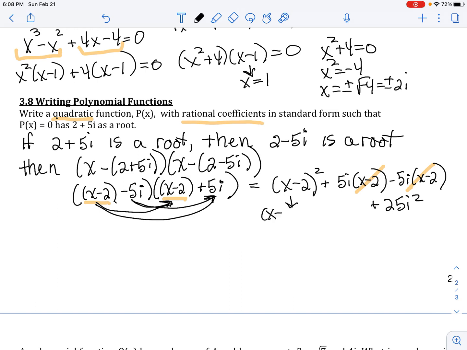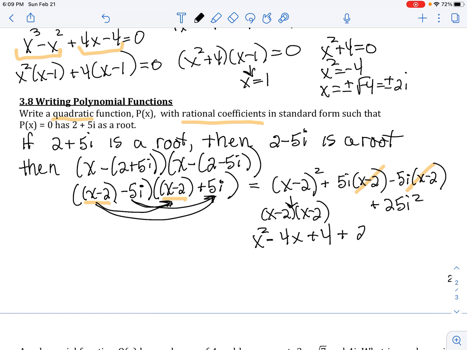X minus 2 squared is x minus 2 times x minus 2. That gives me x squared, no, minus 2x, sorry. Because you're going to get x minus 2x, that's your minus 4x plus 4.